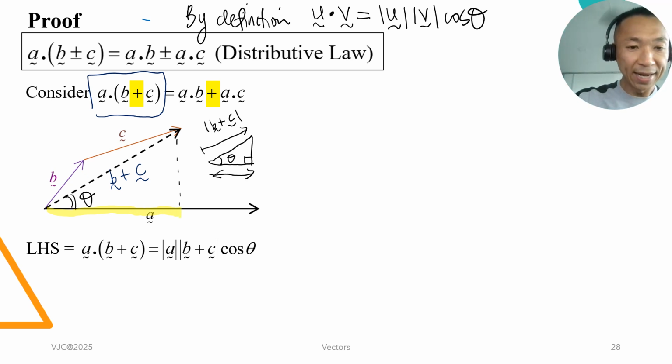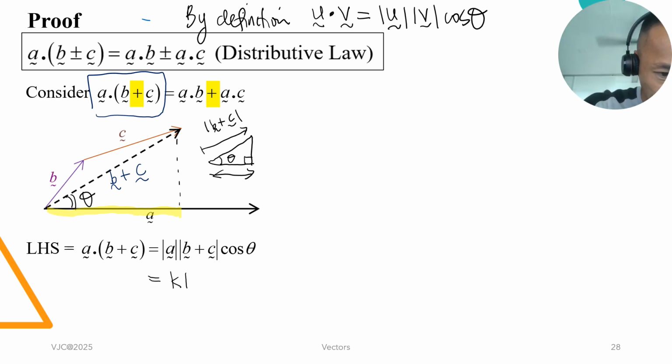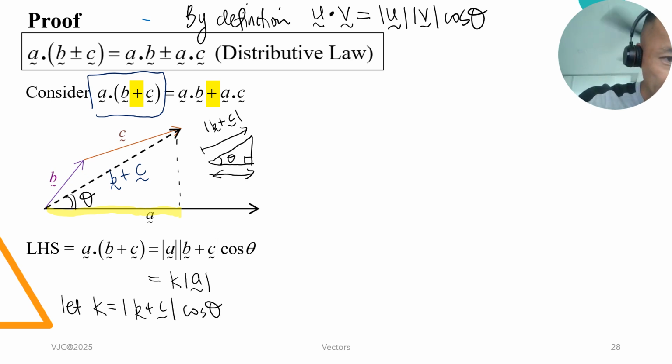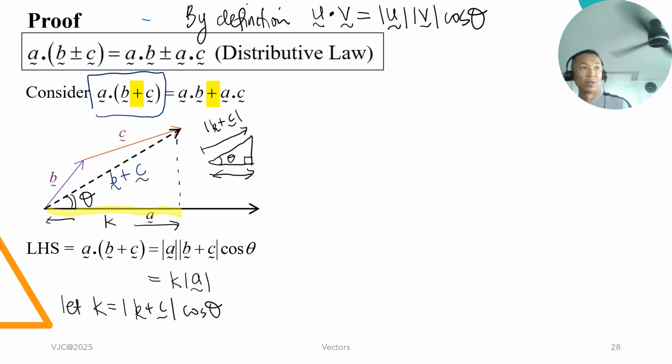So can I let this length be K? Then therefore this must be K times A, because I let K be equals to mod B plus C cosine theta. This length is the K I'm talking about. So far so good. Okay, that's the left hand side. That's the left hand side.